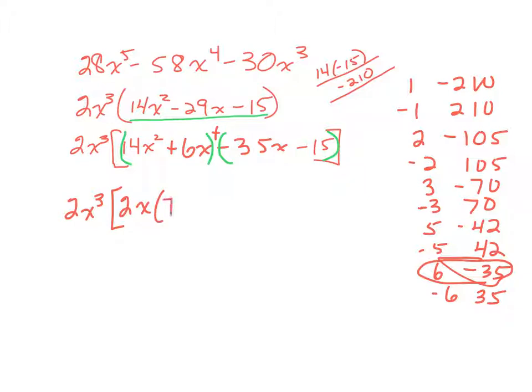Which is going to leave me with a 7x and a plus 3. Someone out of my left side, what do you want me to factor out of negative 35x and negative 15? Minus 5. And that'll leave me with a 7x and a plus 3.